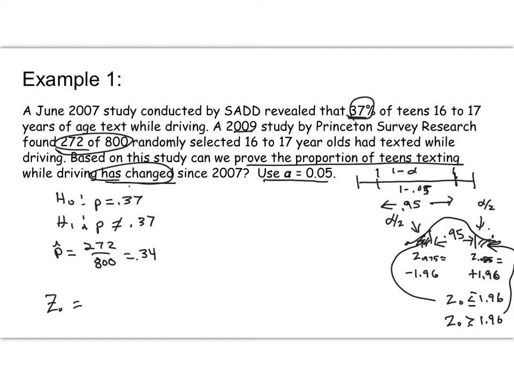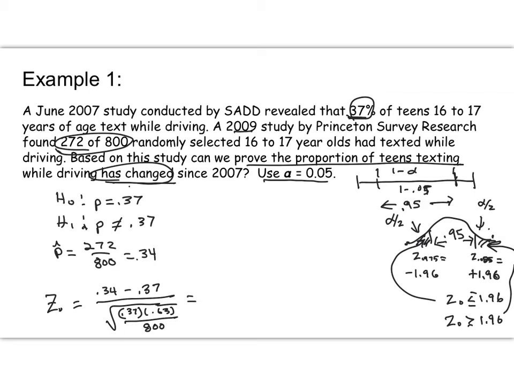That's going to be p hat minus p, divided by my standard error, which is going to be 0.37 times q, which is 1 minus 0.37. That gives me 0.63. And then divide that by my sample size, and take the square root of all that.